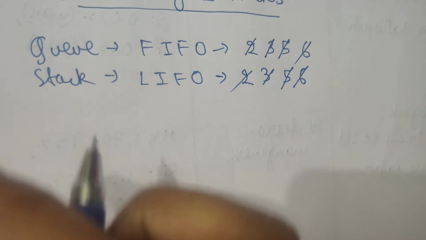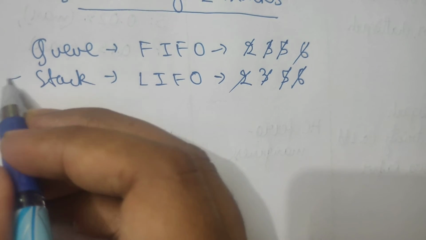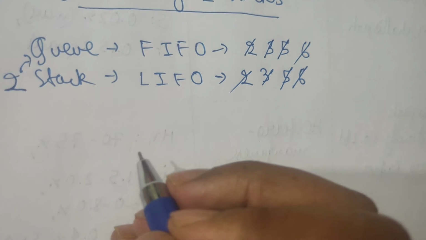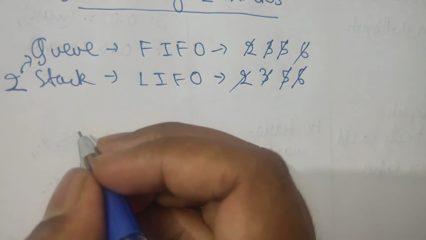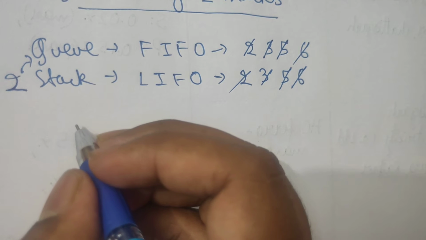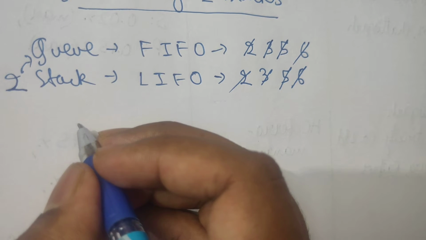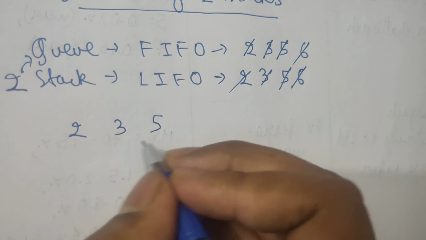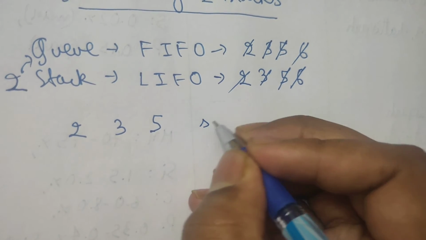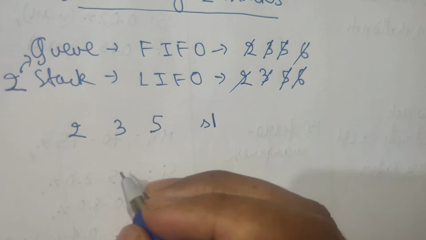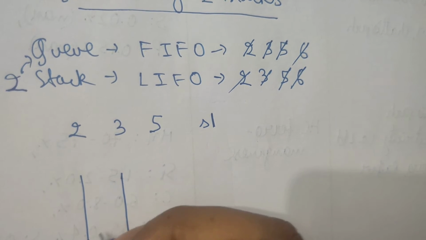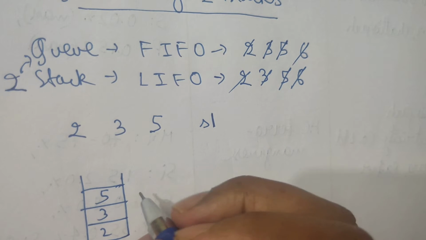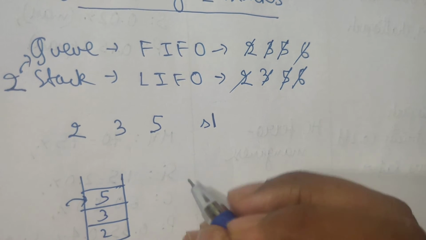So what we are given is two stacks, and we have to implement the queue operations. Suppose initially we do three push operations, 2, 3, 5, and we push these elements into the stack S1. Stack S1 looks like this: 2, 3, 5, with 5 the topmost element.